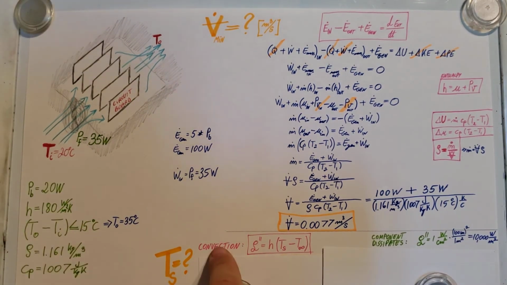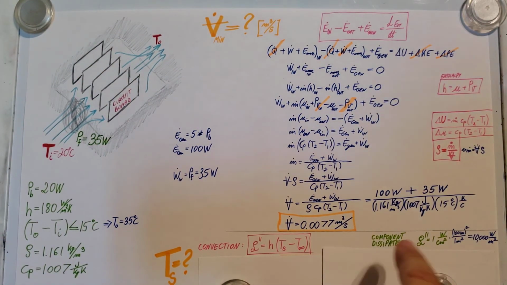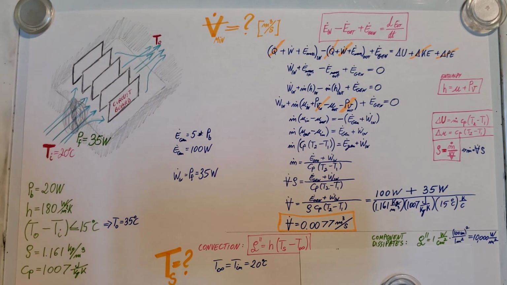Okay, now as we said, we have a convection situation. Let's go ahead and convert our flux that they gave us, which is 1 watt per centimeter square. We can't use it this way, so let's convert it to meter squared. So that will be 10,000 watts per meter squared. So analyzing our convection flux formula, we can see that the flux we have right here, we have h given.